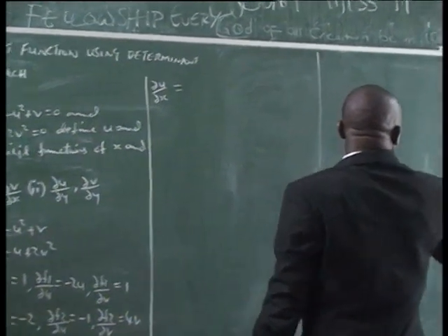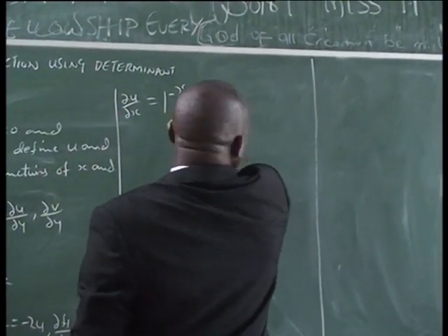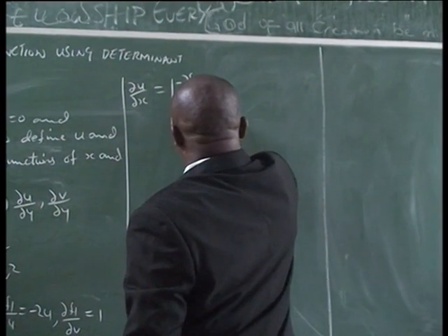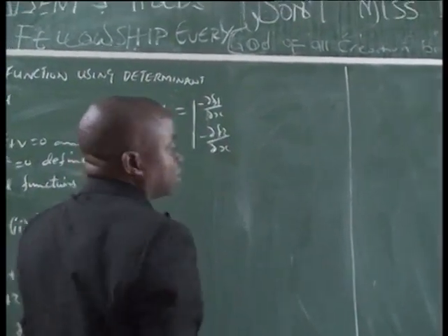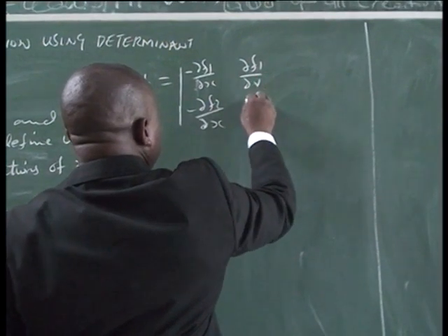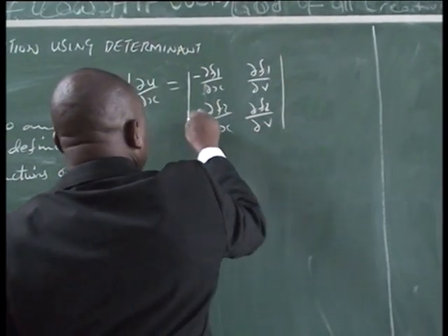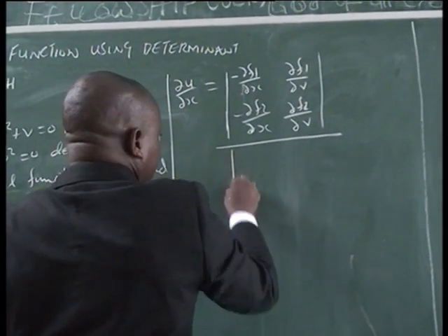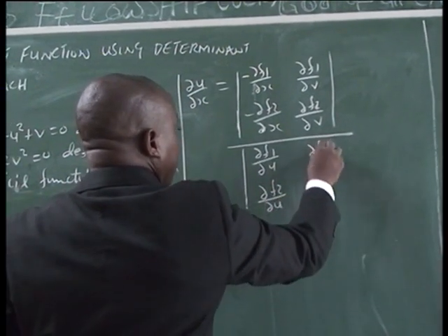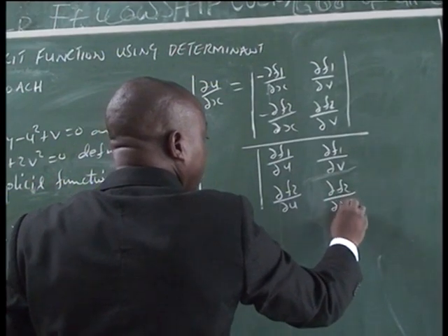By definition, we said that partial u partial x will be equal to the determinant with minus partial f1 partial x and minus partial f2 partial x, which we have put there, then partial f1 partial v and partial f2 partial v, divided by the determinant of partial f1 partial u, partial f2 partial u, partial f1 partial v, partial f2 partial v.